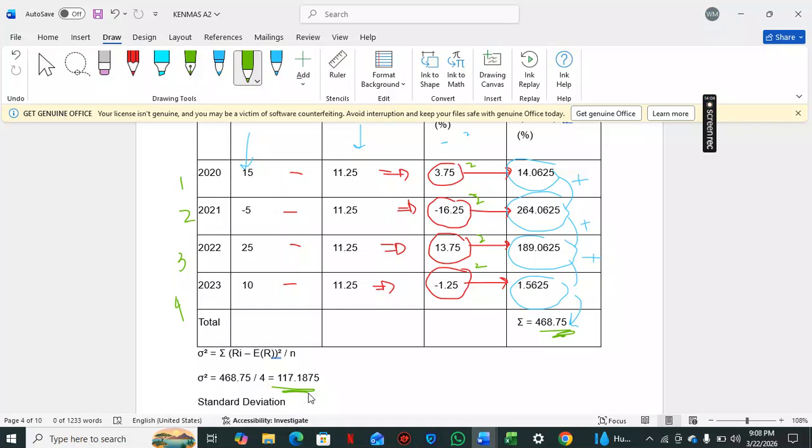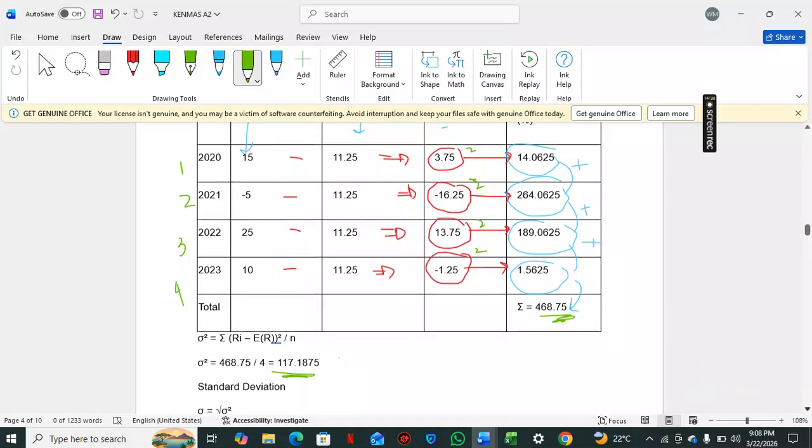Are we okay with that part, colleagues? Any questions? So what we've calculated is the variance.